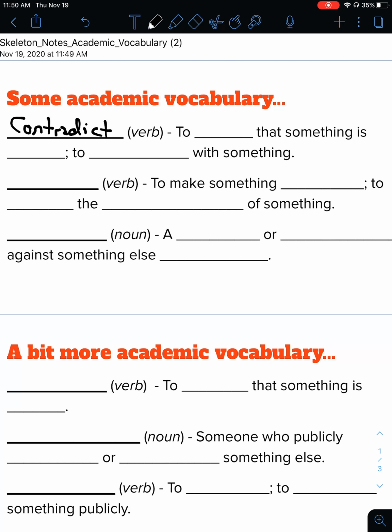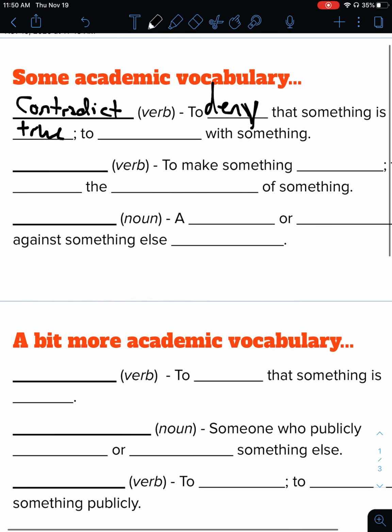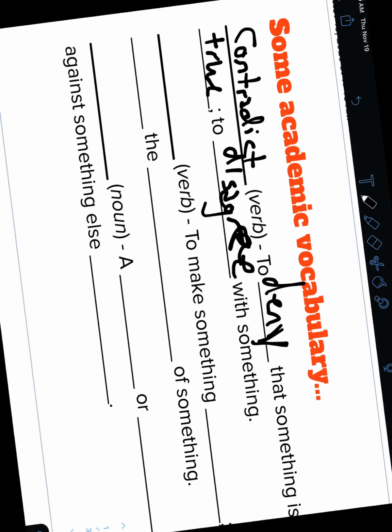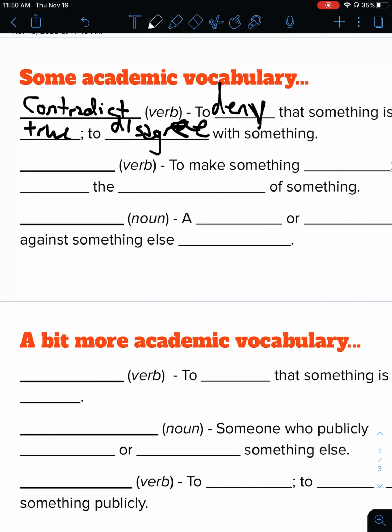So to contradict is to deny that something is true or to disagree with something. When I contradict you, I'm going to say, hey, I don't think that the thing you were talking about is true, or I really disagree with what you say. And we use this as a verb, as you can see right here.